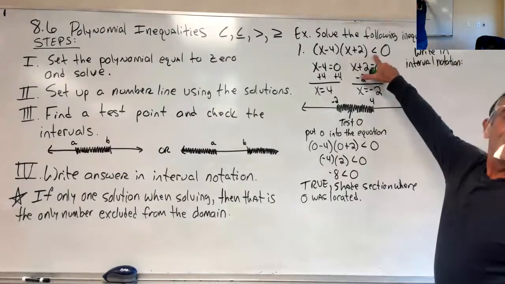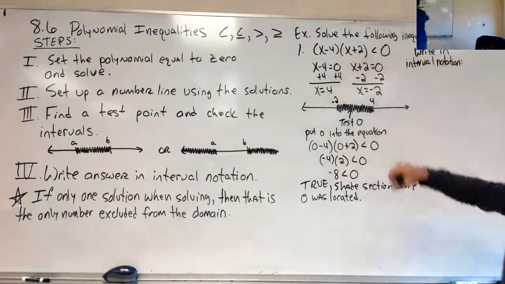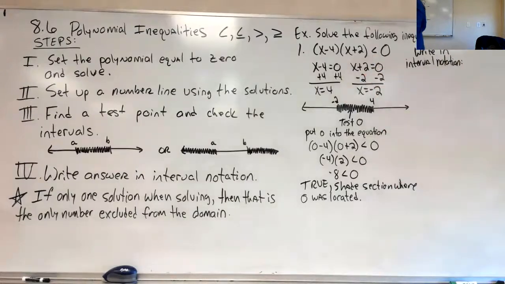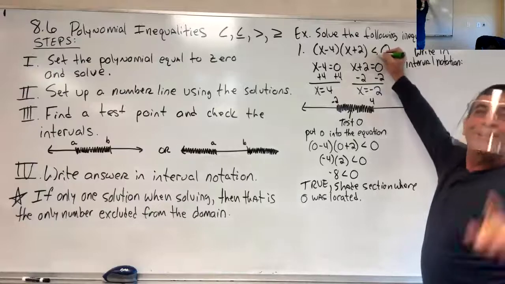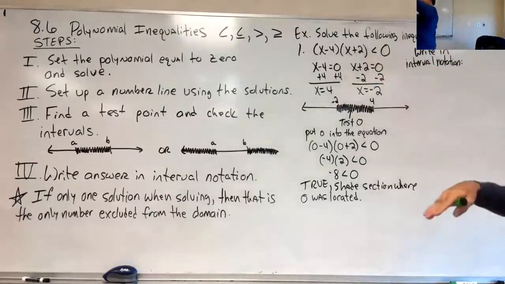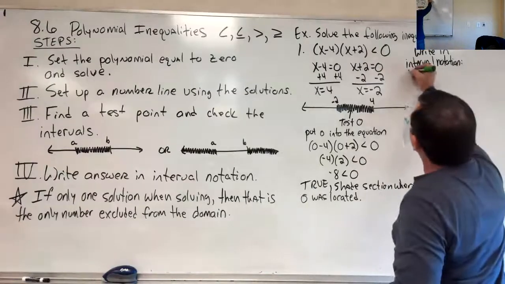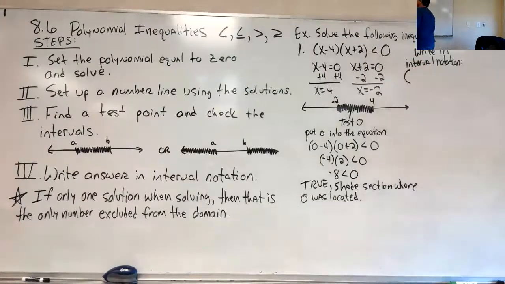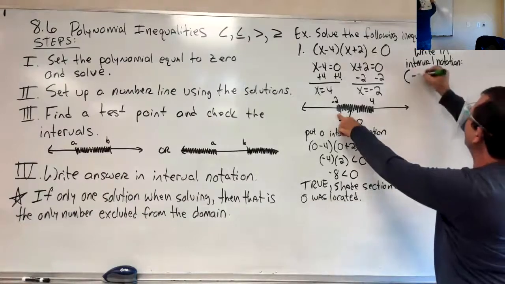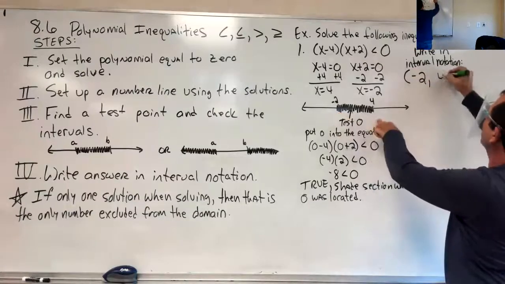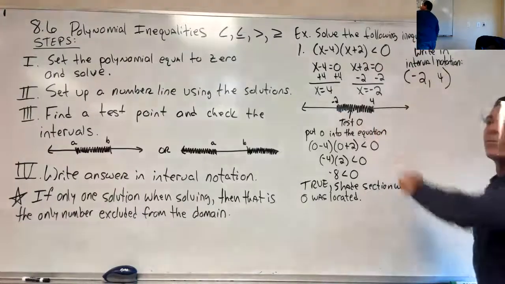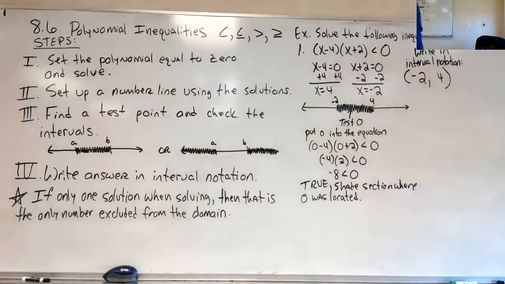So focus on this. That's going to be the curvy. Now, had that had an equals under it, then I'd have used the brackets, okay? So this interval has to have curvy parentheses, and it starts at -2, and then it goes to 4 with curvy parentheses, okay?